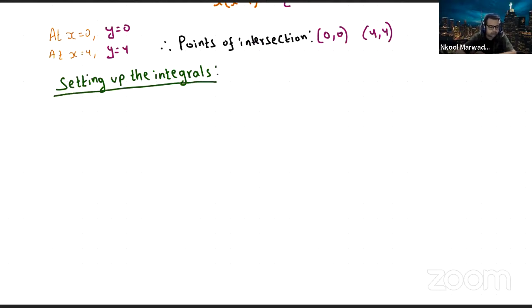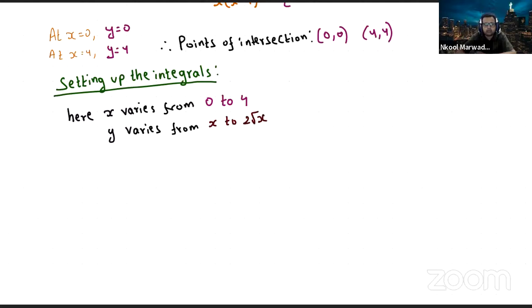So see, I can say that here x varies from 0 to 4 and y varies from x to 2 root x, so the integral will become something like this.